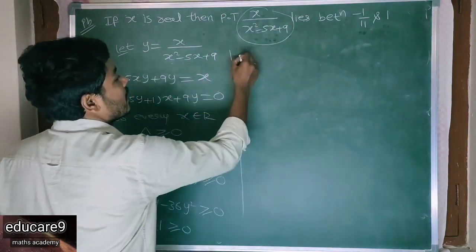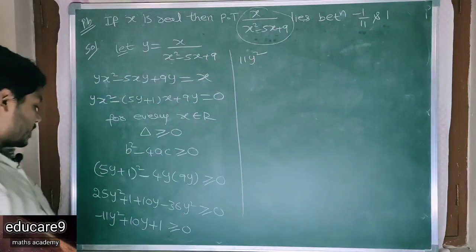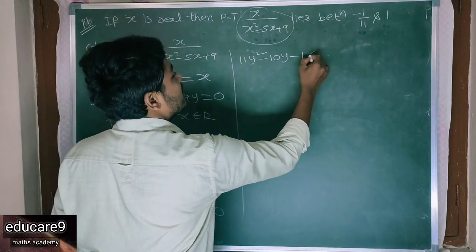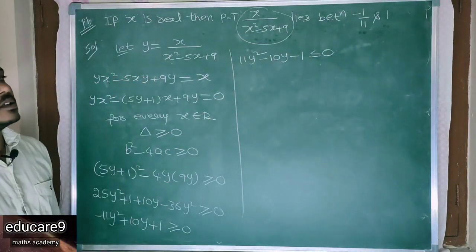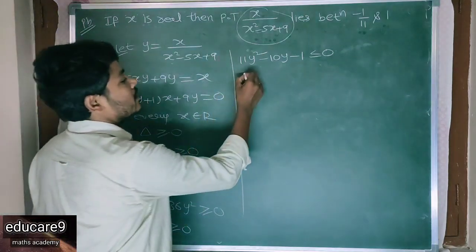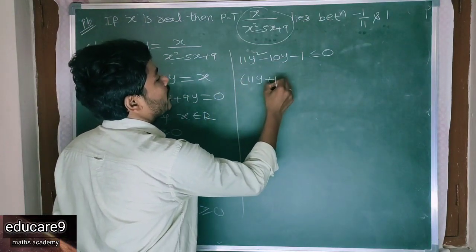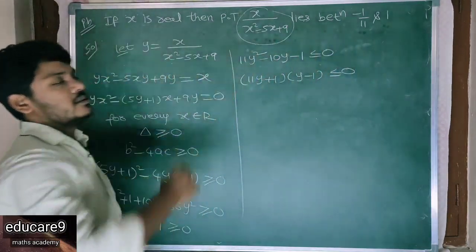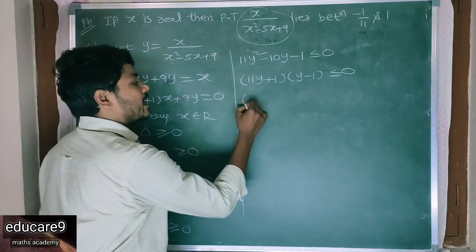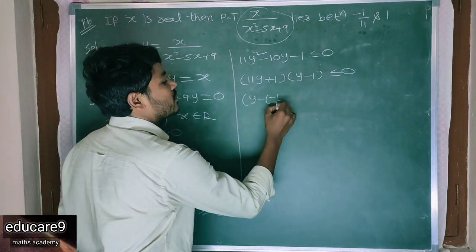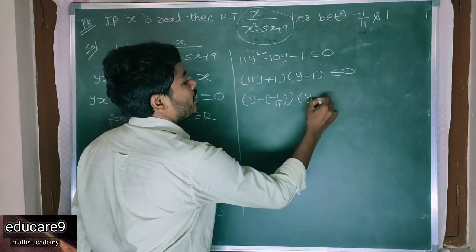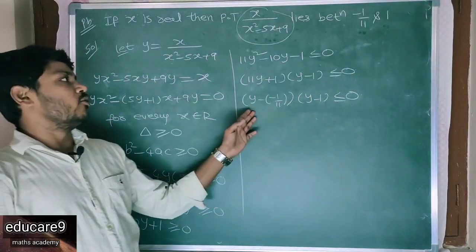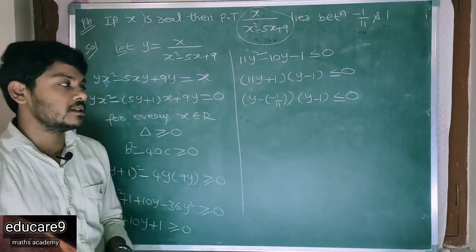So that is 11y square minus 10y minus 1 is less than or equal to 0. So clearly this can be written as 11y plus 1 into y minus 1 is less than or equal to 0. Again this can be written as y minus of minus 1 by 11 and y minus 1 is less than or equal to 0.